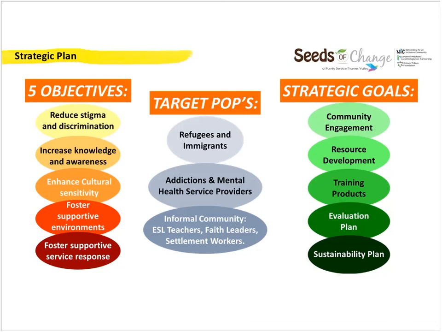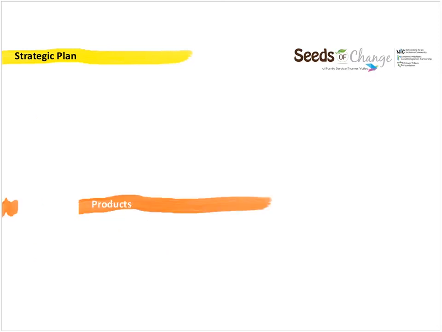The evaluation plan, again, and a sustainability plan, all has been developed in consultation with refugees and immigrants and service providers. Moving on to the next slide, products, and we can move on to the next one then, Denisa.